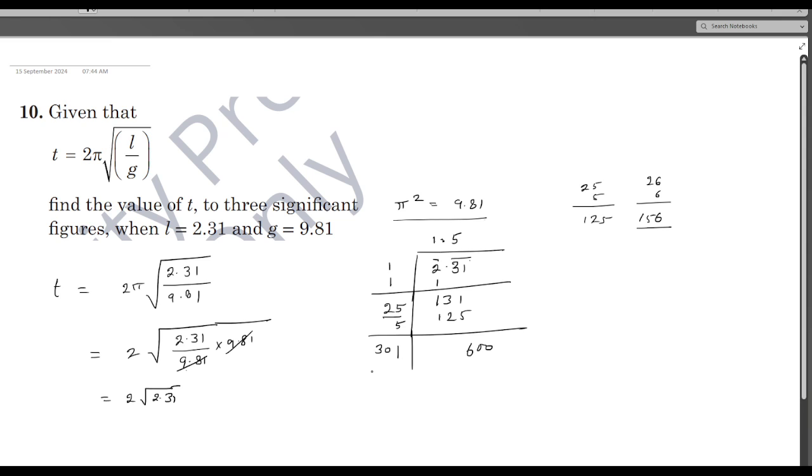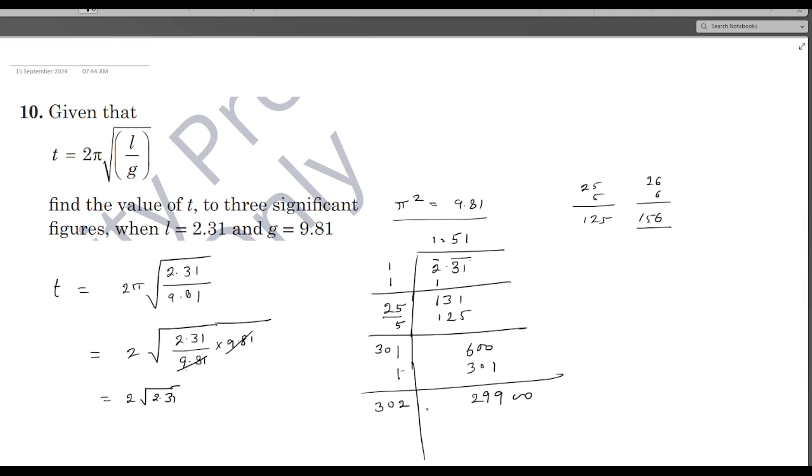So I will start with 1. Now 301 times 1 is 301. 10 minus 1 is 9. 9 minus 0 is 9. 5 minus 3 is 2. So 299. I will add 1 to this 301. It will be 302. Here again I will bring 2 zeros down.